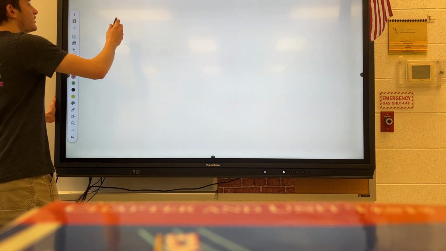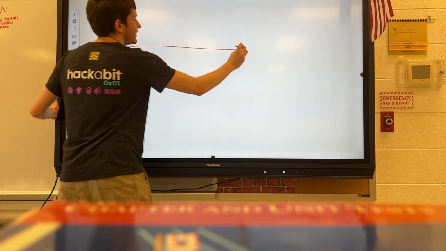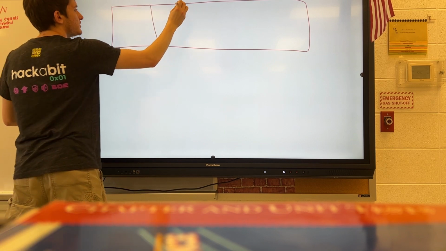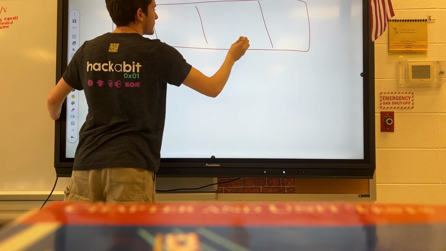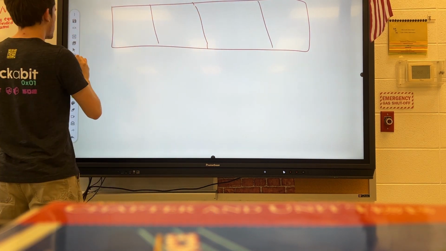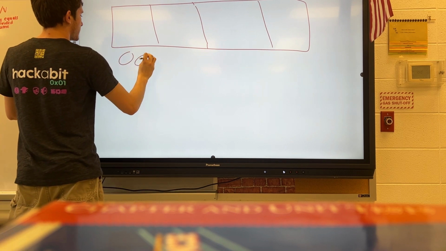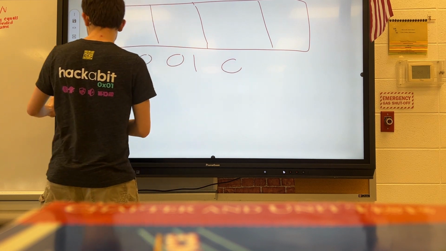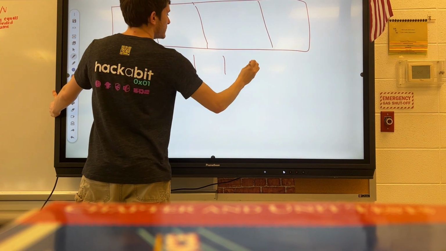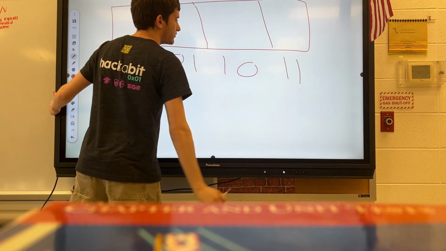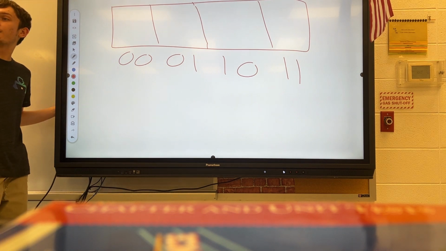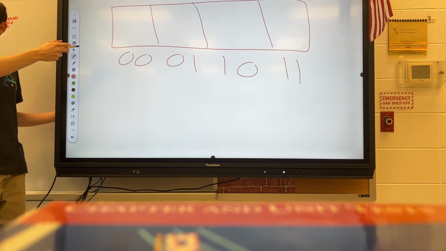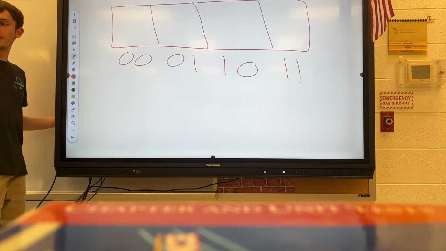Okay, let's say we have this data set here, and it's split into 4 columns. It's represented by 0 0, 0 1, 1 0, and then 1 1, right? Does anybody remember how much storage you can have in a 2-bit binary? 4, yes.